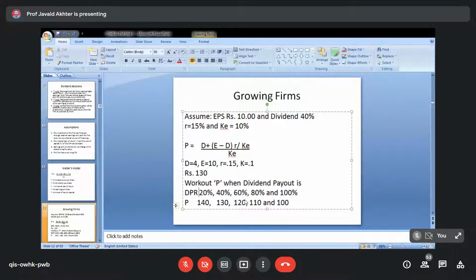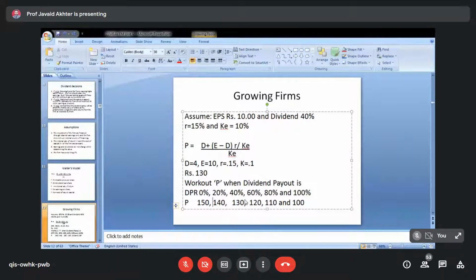Suppose DPR is 0. So this 140 will be more or less? More. If the company pays 0%, it will be 150. So the less the company pays, the better it is, because if DPR increases, its share price decreases.